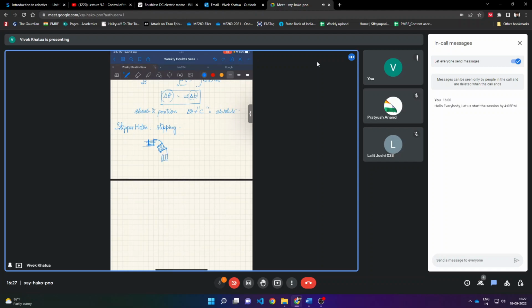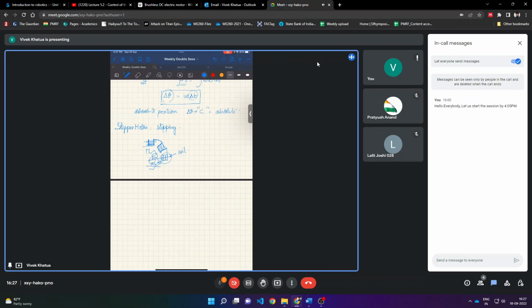And then my rotor also has such structures. When I actuate this coil, this one will align. If it is somewhere here or here, it will align to this coil, and this is what we call stepping.